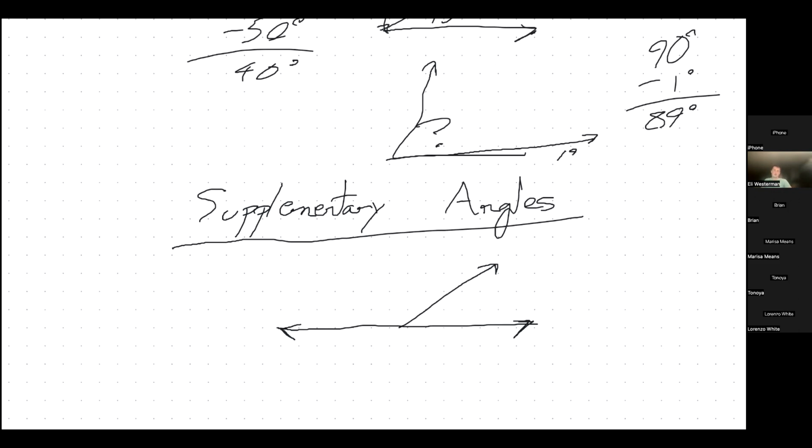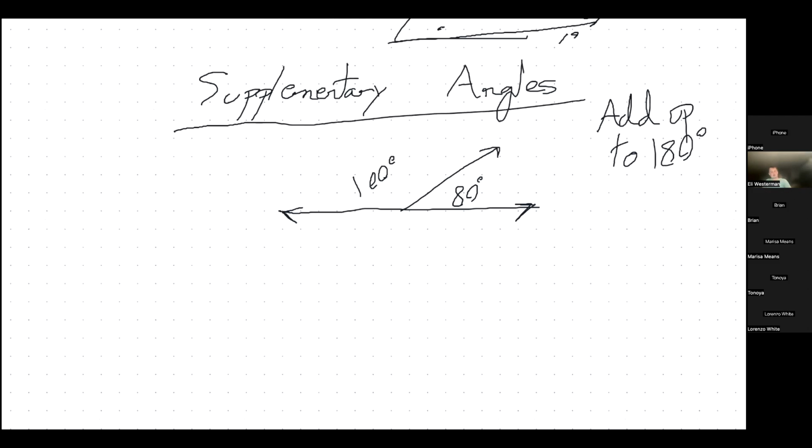This one is going to be 80 degrees. This one is going to be 100 degrees, because they add up to 180 degrees when they're on a line.